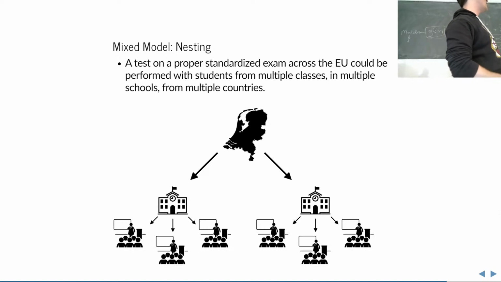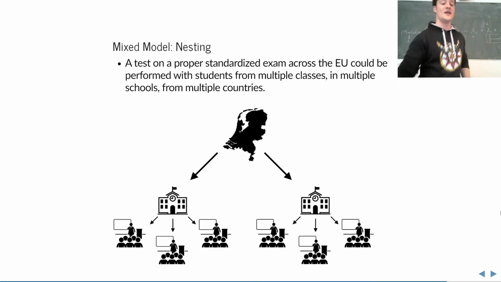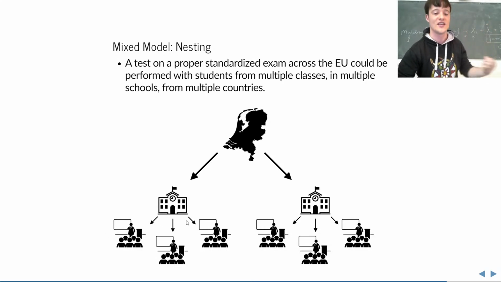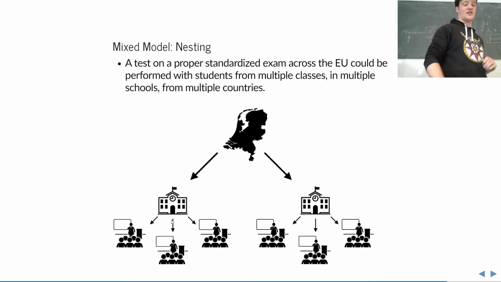Maybe one teacher is much better than another, maybe one is more enthusiastic than another, and then it will cause some difference in the end in the extent to which the students were able to learn or exposed to the material they have to learn. So all those things affect the outcome in a hierarchy, because a class is in a certain school and a school is in a certain country. That is what nesting is.